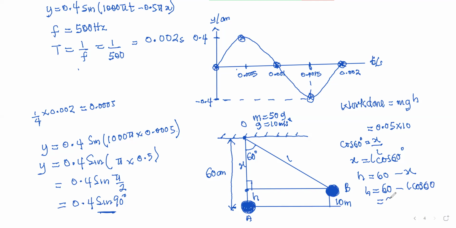So we have 60 out, 1 minus cos of 60. That will give us the vertical height H. H, therefore, is 60 centimeter times, cos 60 is half, and 1 minus half is half.